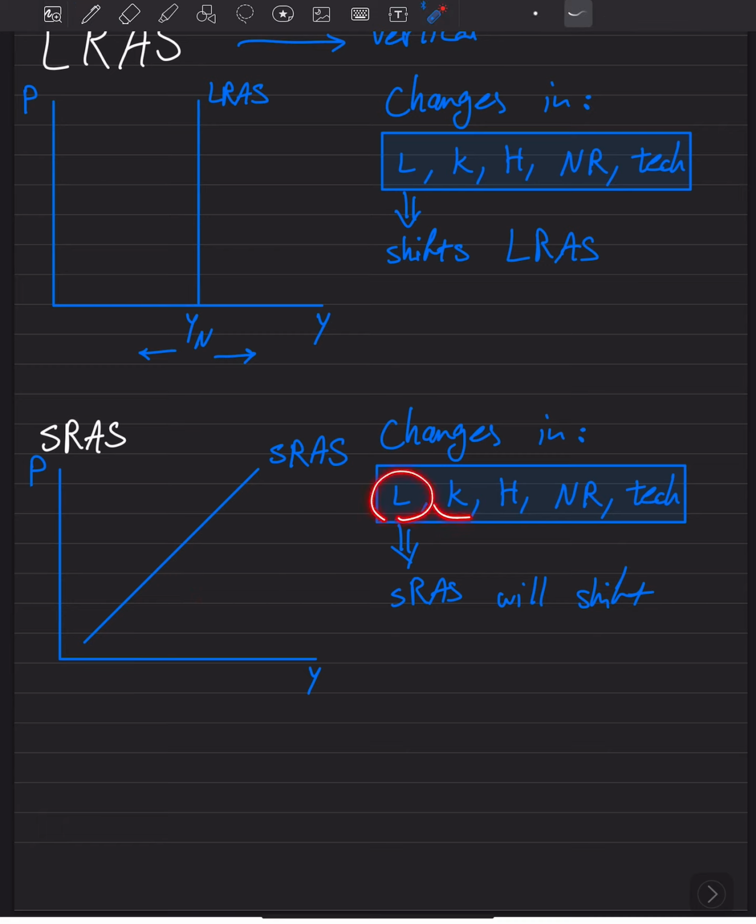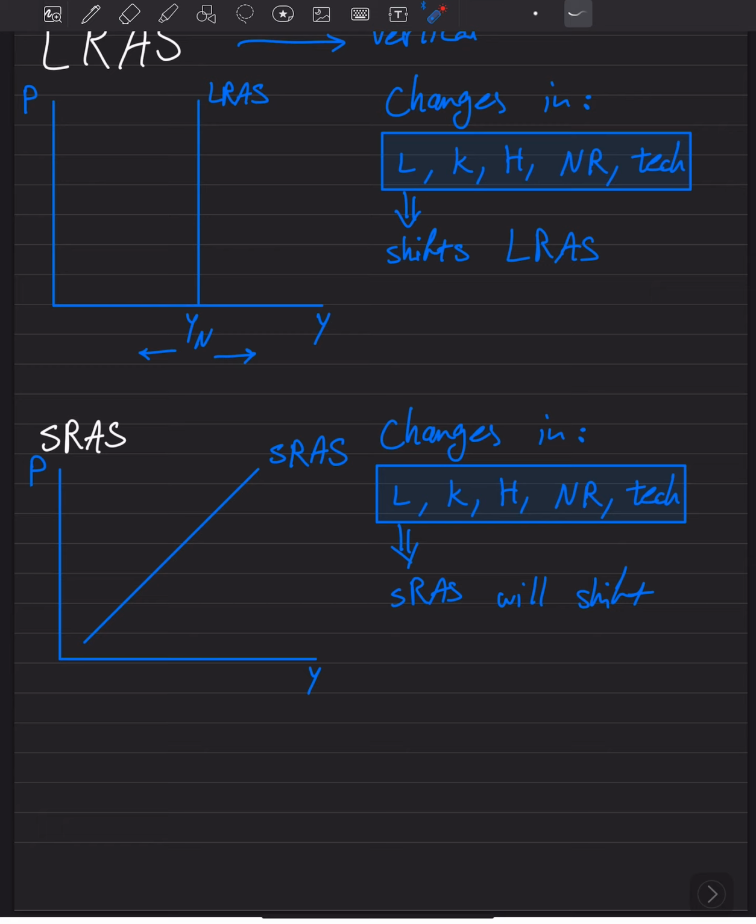If any of these change the production in a direction that the producers decide to produce less, the short run aggregate supply will shift to the left. So we will have less production at any given price if any of these resources cause a reduction in the total production.